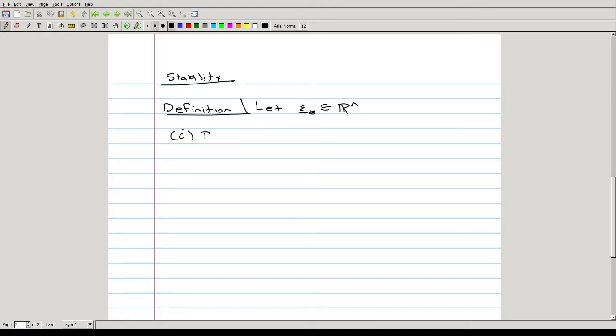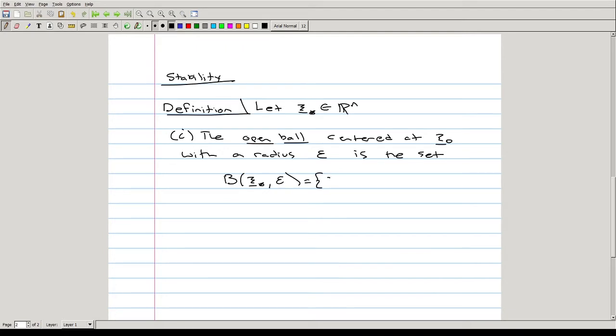We define the open ball centered at xi star with radius of epsilon as the set of points. We'll denote this as B of xi star, comma, epsilon. And it's the set of points xi in Rn such that the distance or norm between xi and xi star, the norm of xi minus xi star, is less than epsilon.